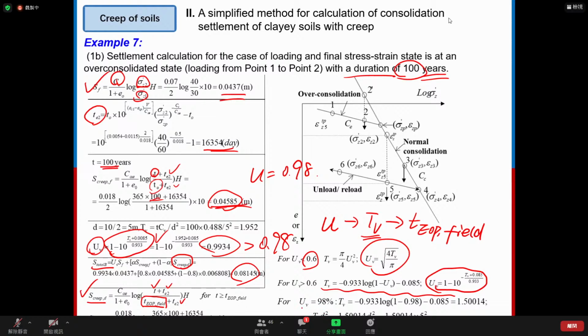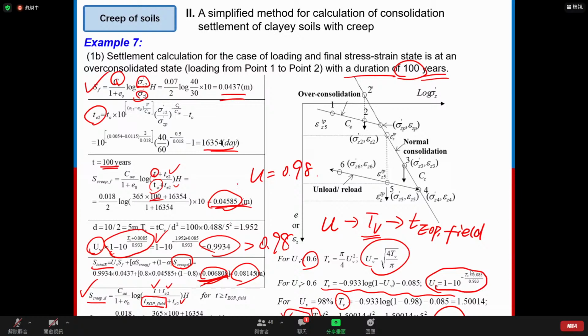So you can see the procedure shown here. We know U, get TV, then from TV we get T. This T is more than 76 years. So we can use this value to get the S-curve D. Then we put it here.